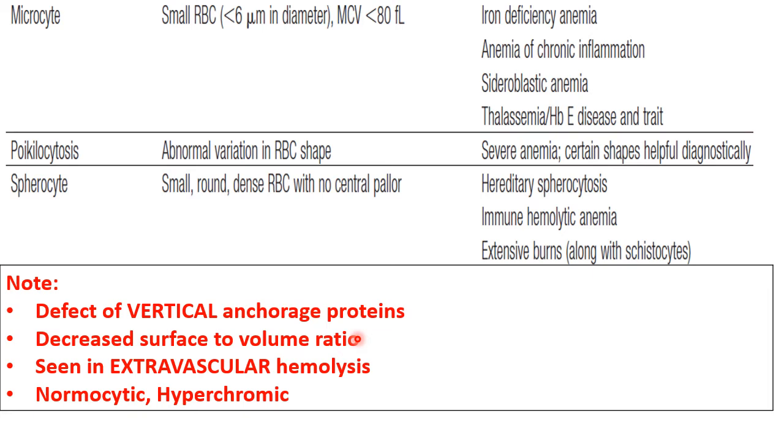Kaya ang MCHC levels nito is increased. Kaya ang makikita mo sa RBC indices interpretation, it has normocytic and hyperchromic RBCs. Madalas din to makita in extravascular type of hemolysis, such as in immune hemolytic anemia and extensive burns together with schistocytes. So, halos laging partner yung dalawang yan. Okay? Spherocyte and schistocytes.